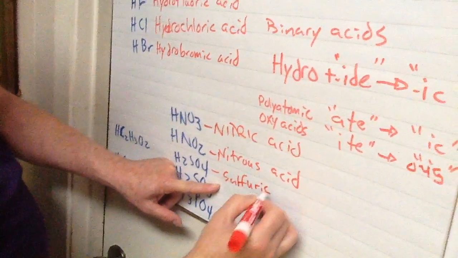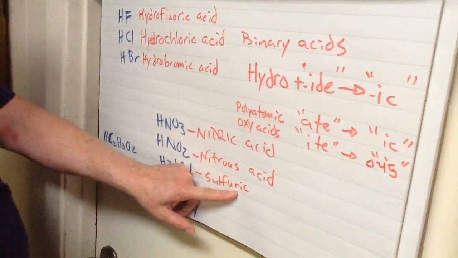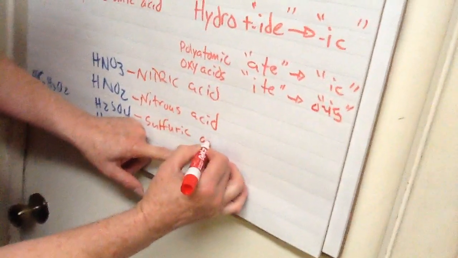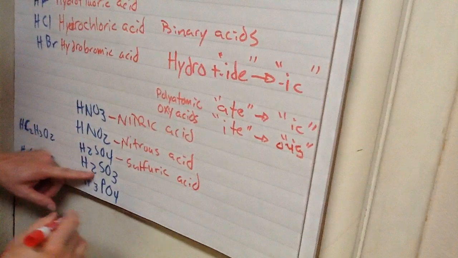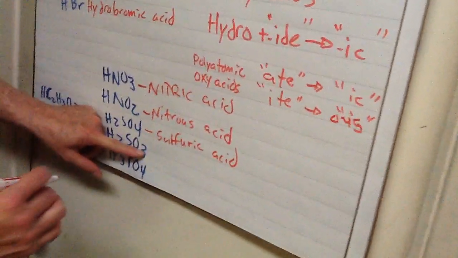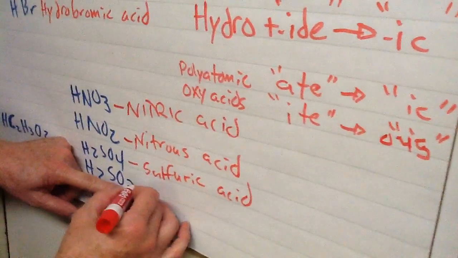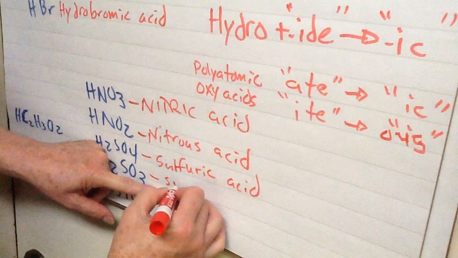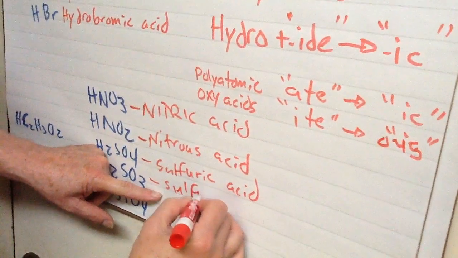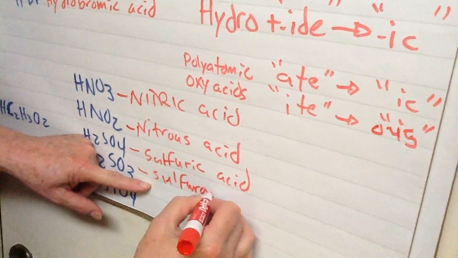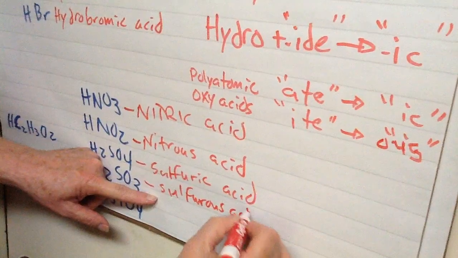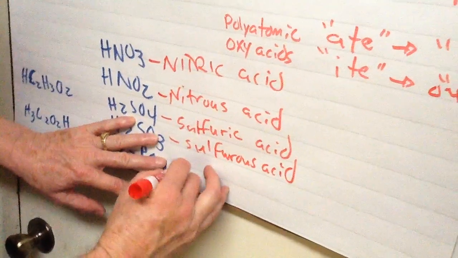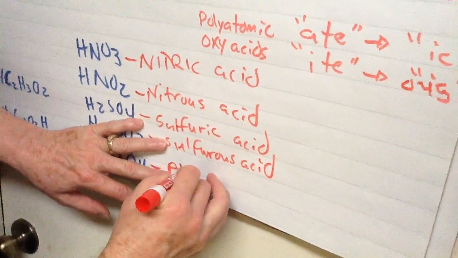So the ate sulfate becomes ic acid, sulfuric acid. And here's the H2SO3, one less oxygen, that's the sulfite ion. It becomes sulfurous acid. And here is phosphoric acid, H3PO4.